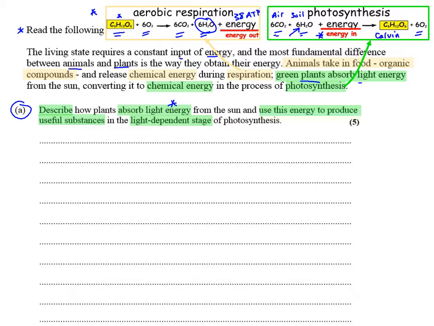Now we know from the light-dependent stage, which is really the first stage of photosynthesis that we describe, the two useful substances are ATP and reduced NADP. So at the end of the light-dependent stage, that's actually going to involve photosystem 1 and photosystem 2, the two different photosystems with their antenna complexes of accessory pigments.